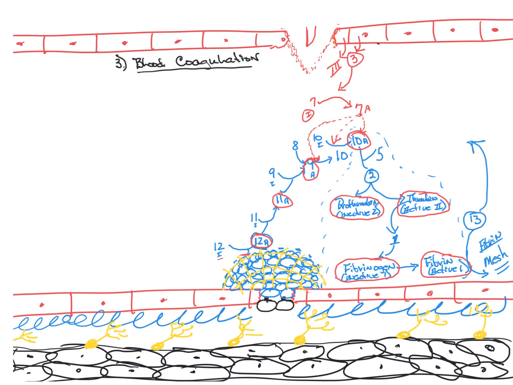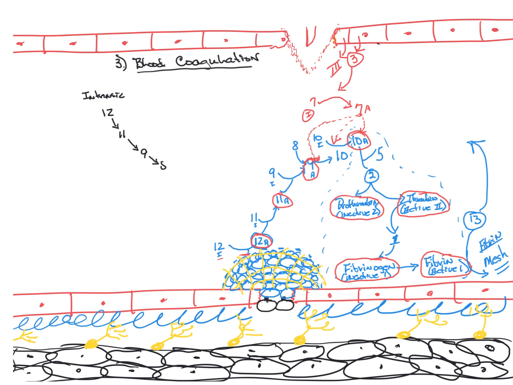If you'll go back to what I drew out, I'll draw it once again so that you're sure you remember it. Looking at my intrinsic pathway, I'm going to start with 12. 12 converts 11. 11 converts 9, skip 10.